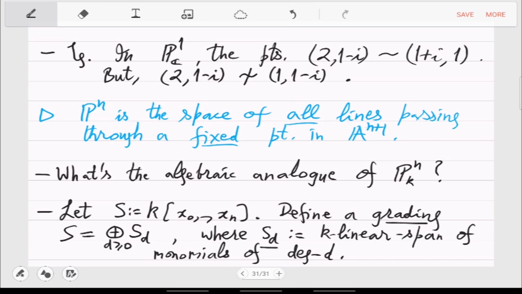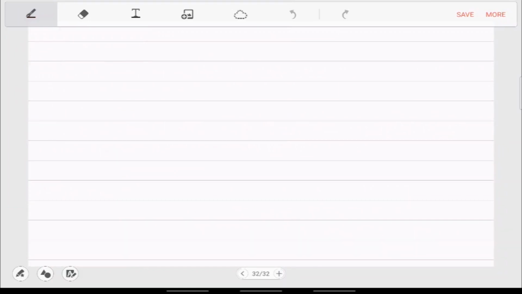Each is called SD for degree D. Right, so these are degree D homogeneous polynomials, and their linear combination is what a general polynomial is. That's all we are saying here. So these are the homogeneous parts. Think in terms of that grading to give you the homogeneous parts.